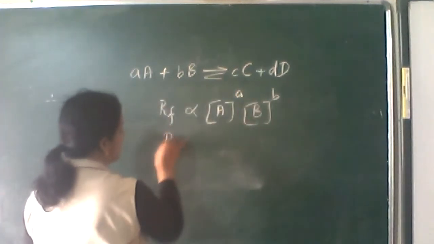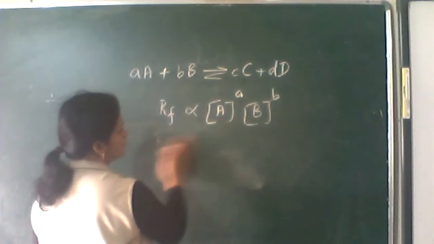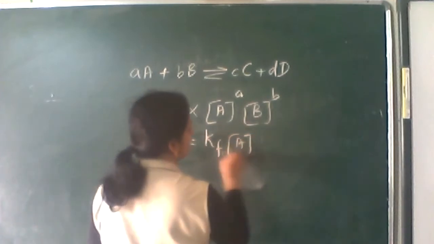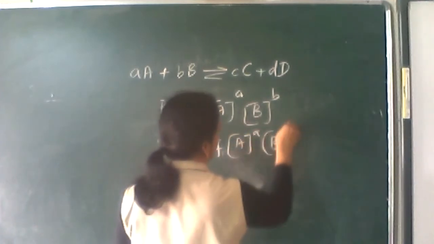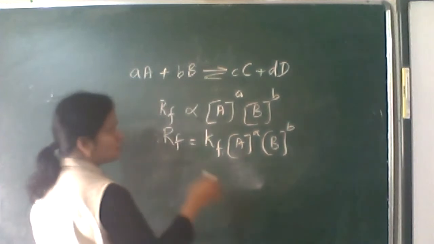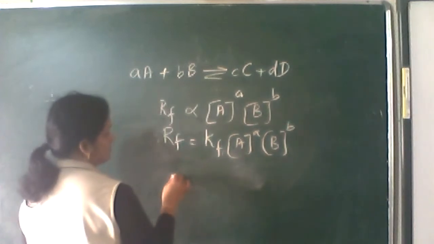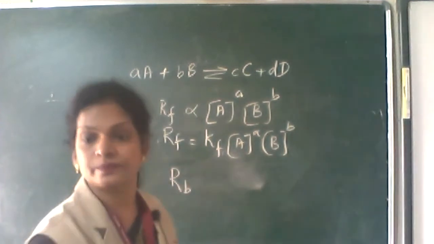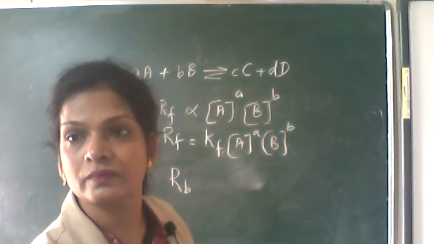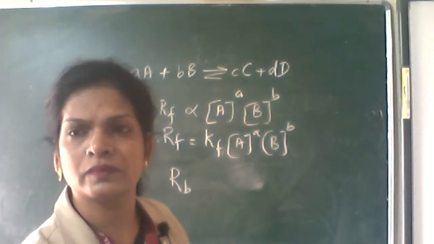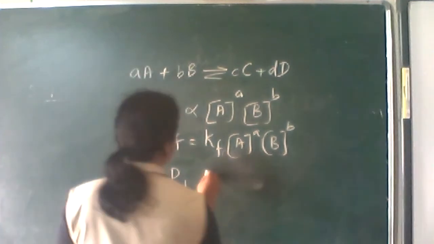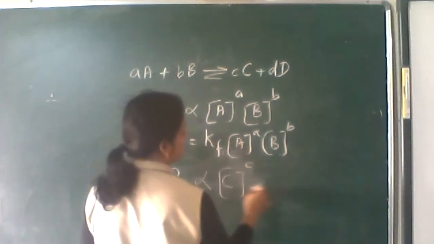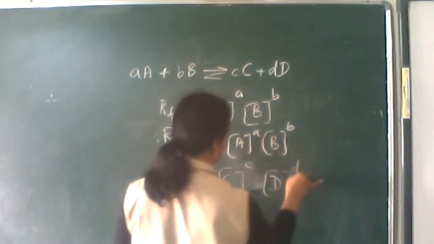You can write Rf is equal to a constant Kf into A to the power a and B to the power b. The rate of backward reaction, Rb, the speed of backward reaction, is proportional to the concentration of the products, C to the power c and D to the power d.